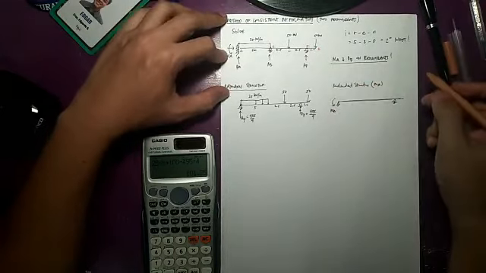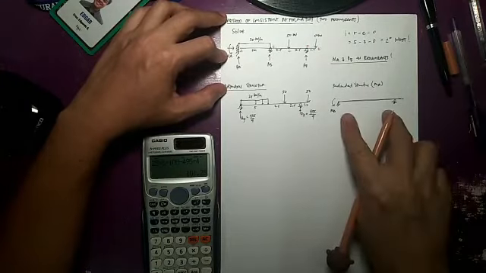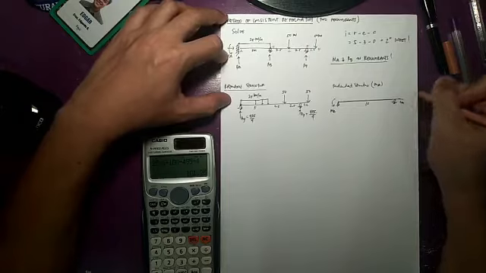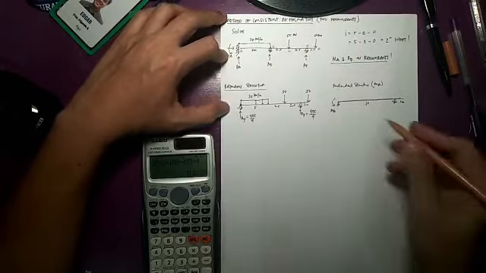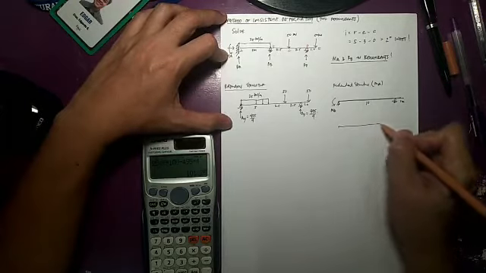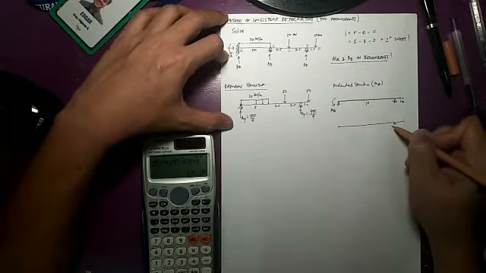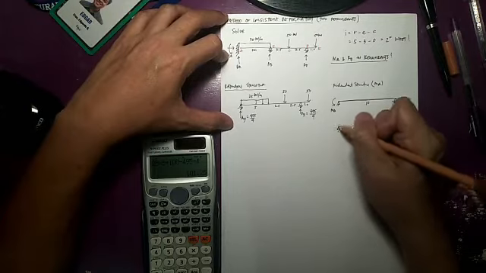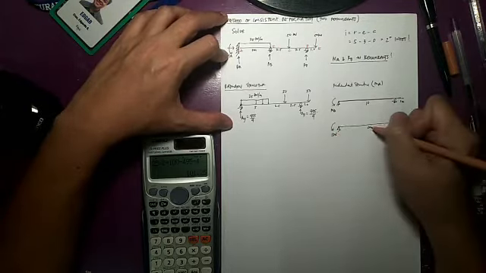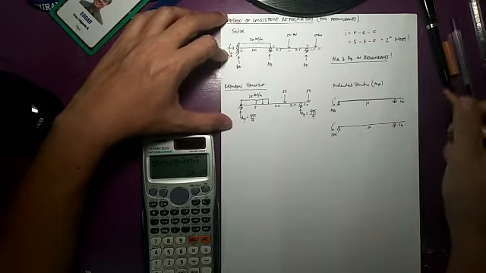This would be 10 meters, and this is 1 meter. But I don't know MA, so I will relate it with a unit load, 1 kilonewton-meter. So 10, and this is 1 meter.